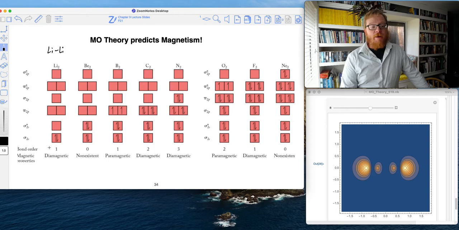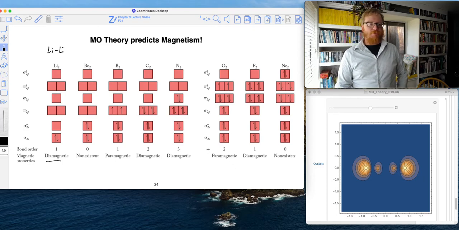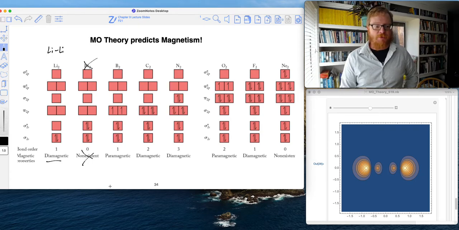No unpaired electrons, so it is diamagnetic. Li2 is not magnetic under any conditions. What about Be2? You can see Be2 has 2 bonding electrons and 2 antibonding electrons, so that's a bond order of 0. So Be2 just doesn't even exist as a compound. That's another cool prediction that we can make from this.